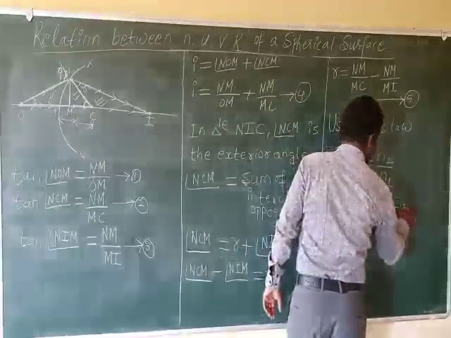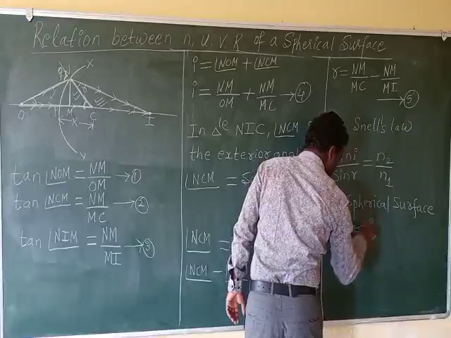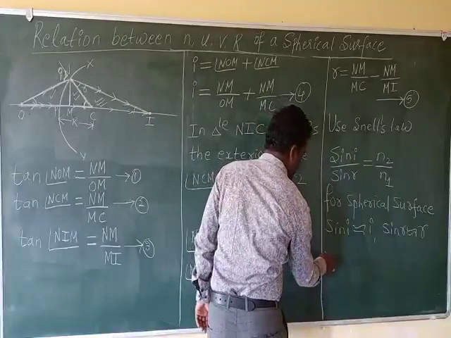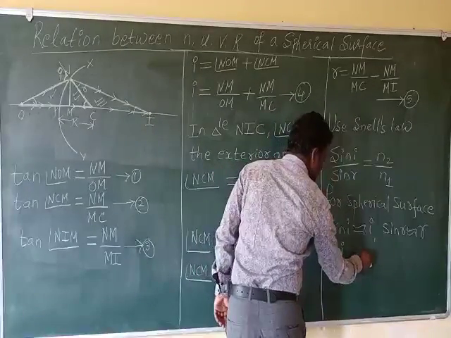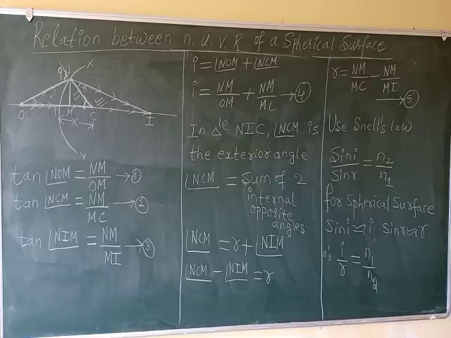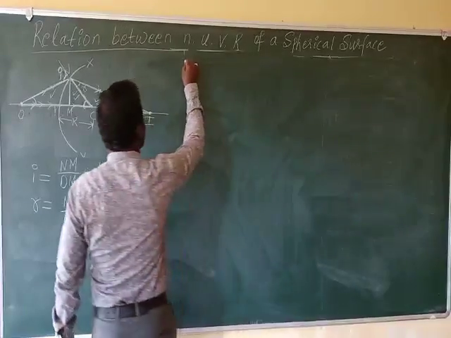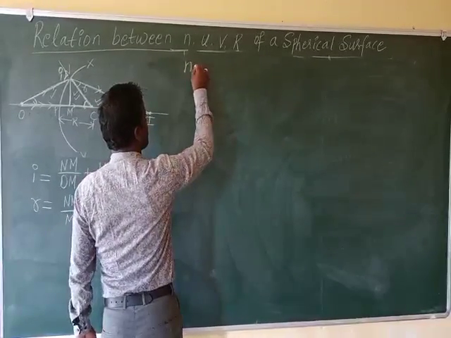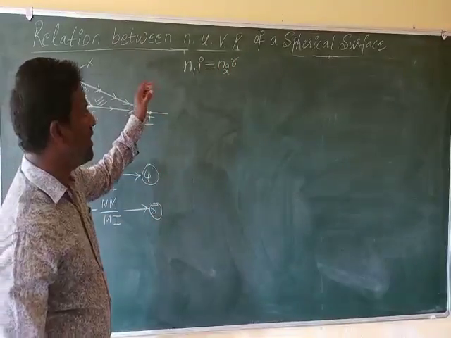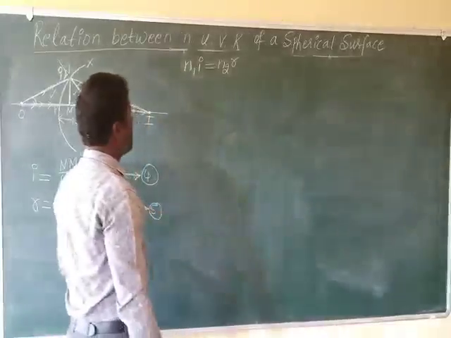So sin I is approximately I and sin R is approximately R. Therefore I by R equals N1 by N2. Cross multiplying, N1 I equals N2 R.